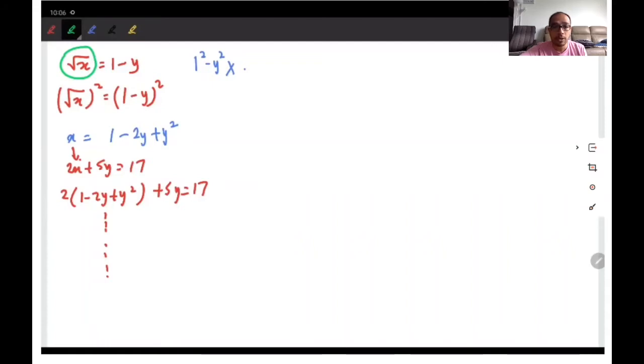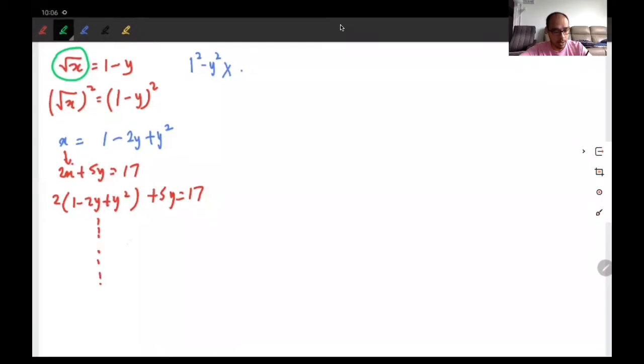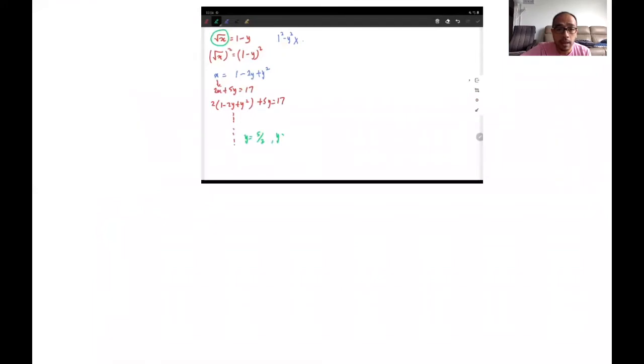Okay, so what happens over here is that after you finish everything, you will get the answer. So the first set of answer is y equals to 5 over 2 and y equals to negative 3. Kalau saya tidak silap, kejap yeah. Okay, y equals to 5 over 2 and y equals to negative 3.